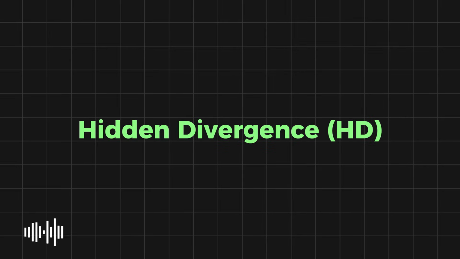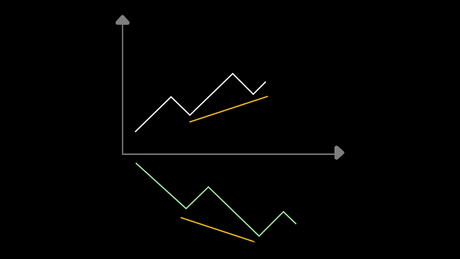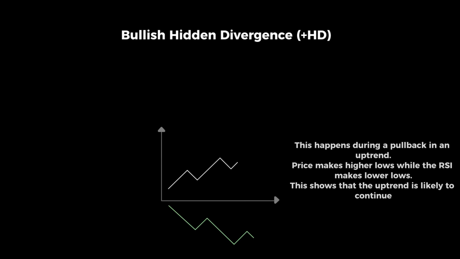Hidden divergence. Hidden divergence occurs when the price is in a pullback or correction and indicates that the current trend is likely to continue. There are two types: bullish or positive hidden divergence and bearish or negative hidden divergence. 1. Bullish hidden divergence. This happens during a pullback in an uptrend.